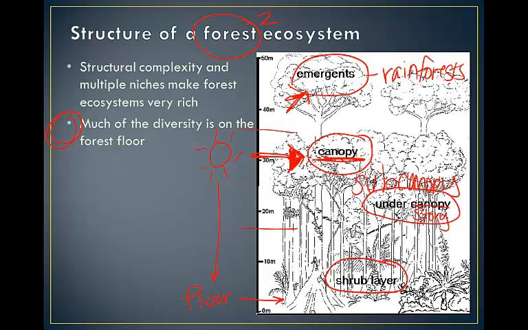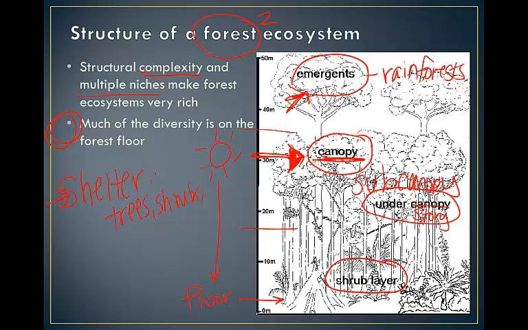Now, we said that forests are very complex and they have multiple niches. Let's write down some things that are going on in here that we should know about. There are many forms of shelter that can be found in forests. So they're very complex ecosystems, lots of places for organisms to live. Trees can be a form of shelter. Shrubs can be a form of shelter.